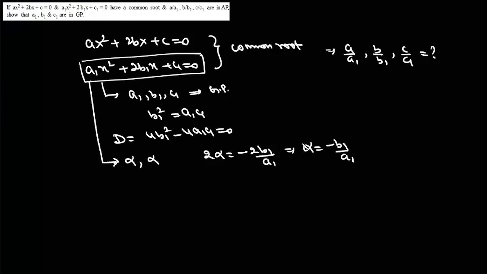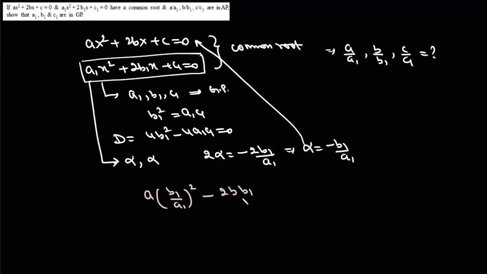Now since alpha is going to be the common root, it is going to satisfy this first equation. So we'll put the value of alpha in this first equation. So we'll get a times this b1 upon a1 whole square, and then minus 2b times b1 upon a1 plus c equals 0, and we are going to divide everything by b1 square.